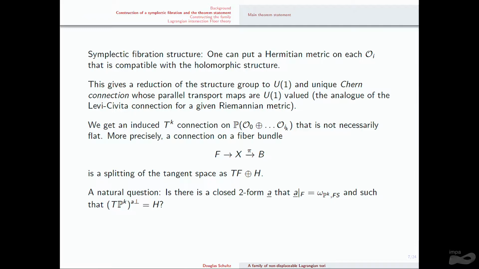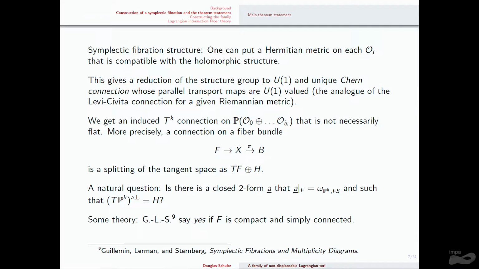In this case the fiber is P^k with a Fubini-Study form, and it's a connection form, so the perpendicular to the tangent space of the fiber with respect to this form is going to be H. The answer is yes, in this case, and in general if F is compact and simply connected.